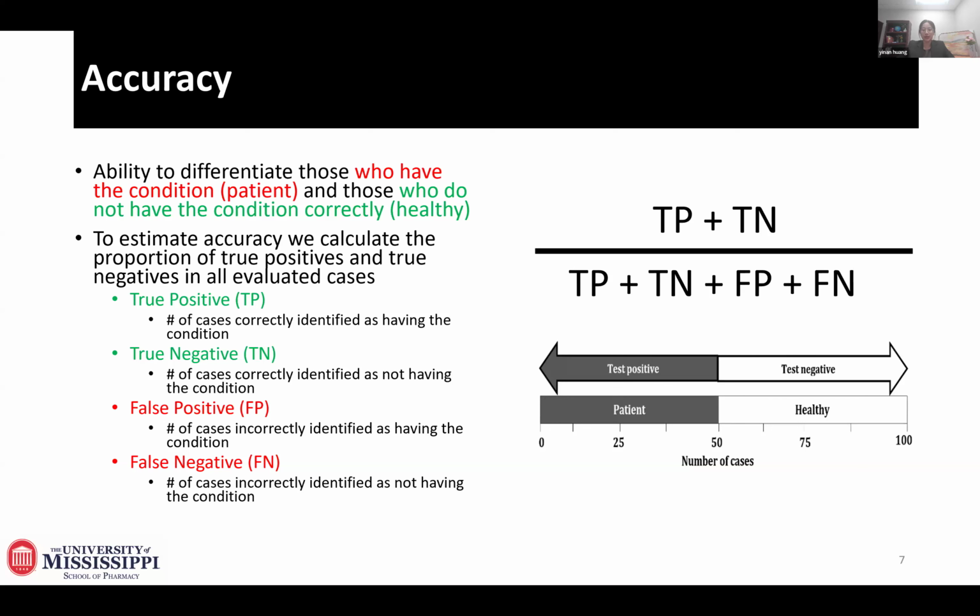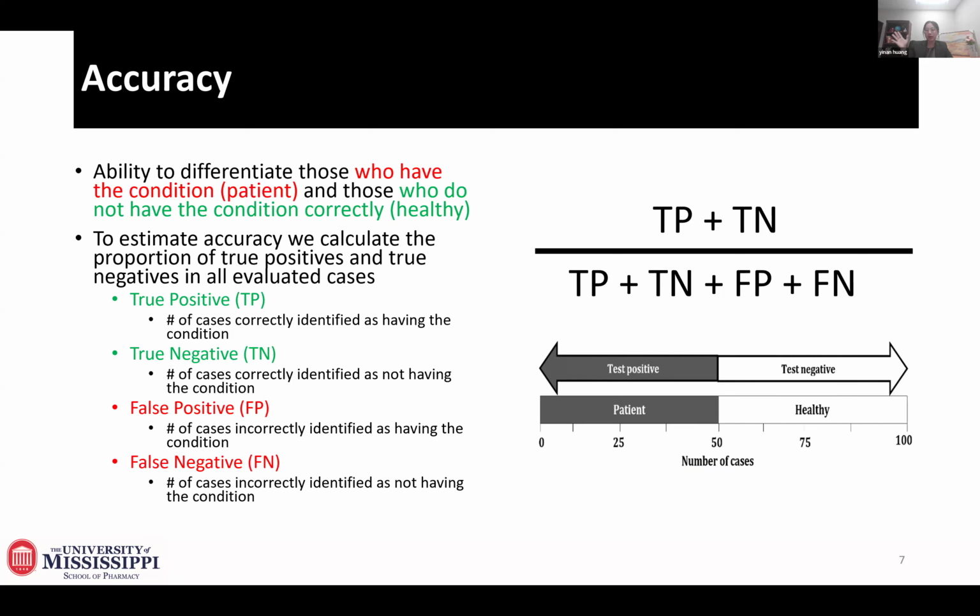What is accuracy? Accuracy is an overall measure of the diagnostic test in terms of differentiating between those having the disease versus those who are healthy. Mathematically, when we want to calculate accuracy, we involve the components of true positive, true negative, false positive, and false negative.